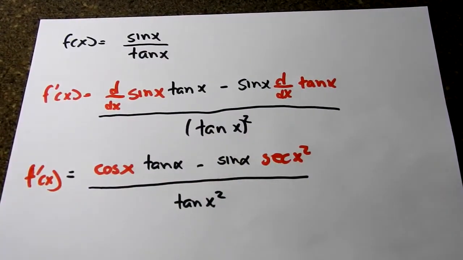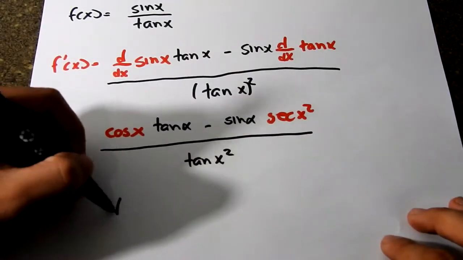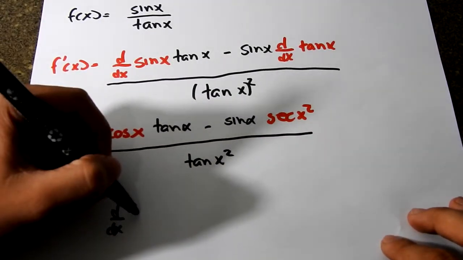So trigonometric differentiation follows a typical differentiation. When we talk about power rule, product rule, quotient rule, they all follow the same procedure. You just have to know their derivatives, because it's not the same thing as having, for example, derivative of x squared.